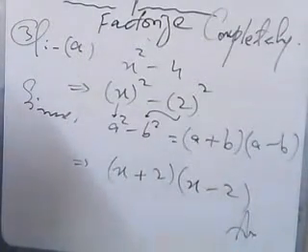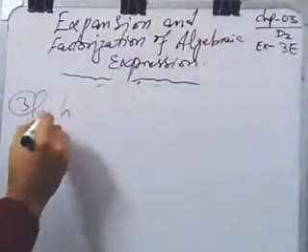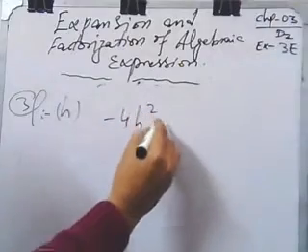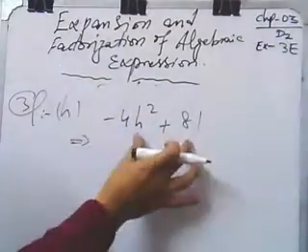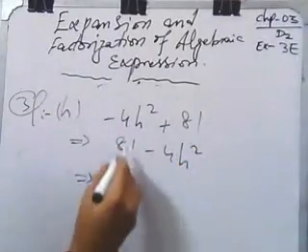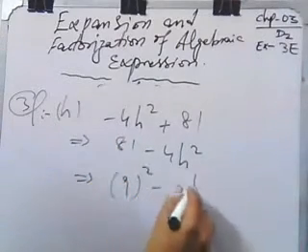Similarly, another part, that is a difficult part: 81 − 4h². I can write this question as 81 − 4h². So make the perfect square, that is 9 nines are 81, minus (2h)².